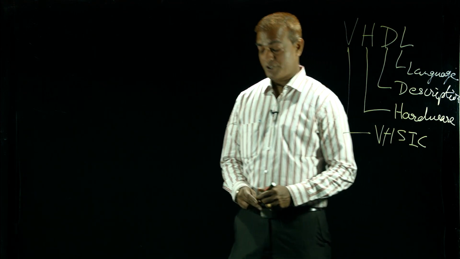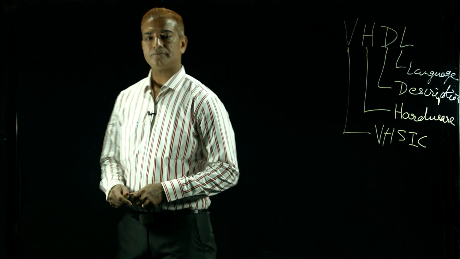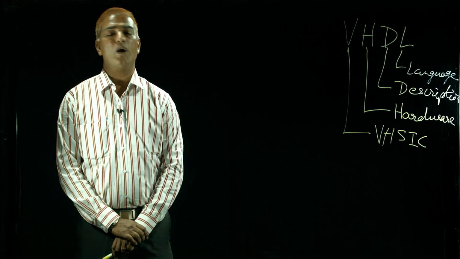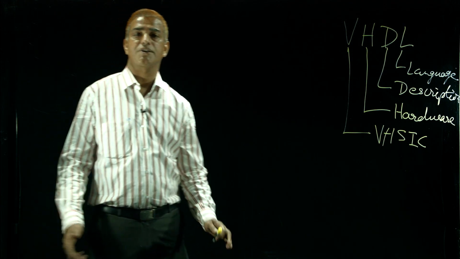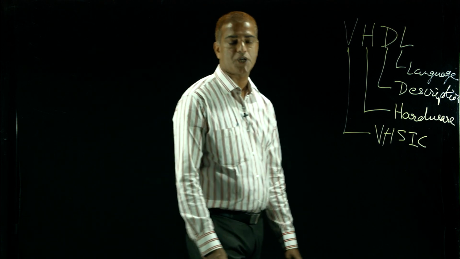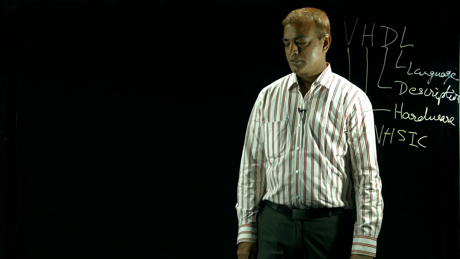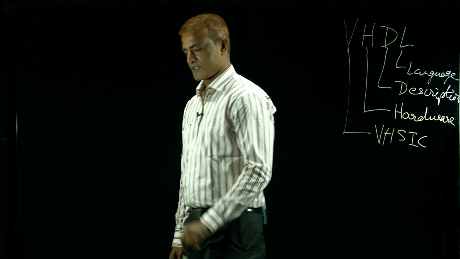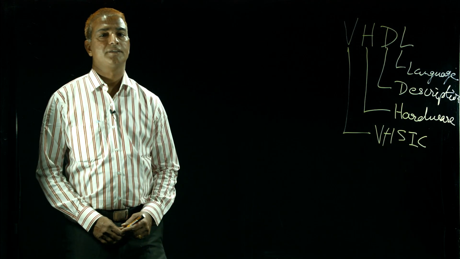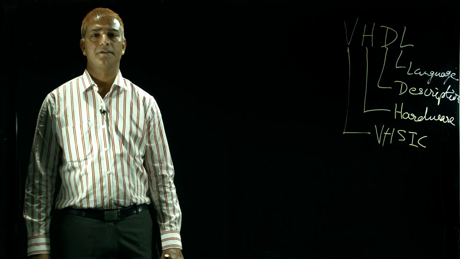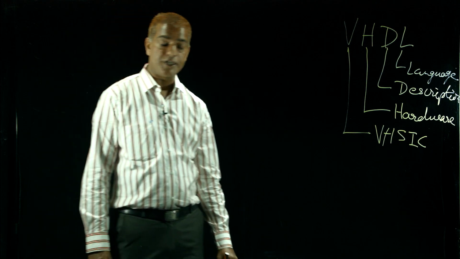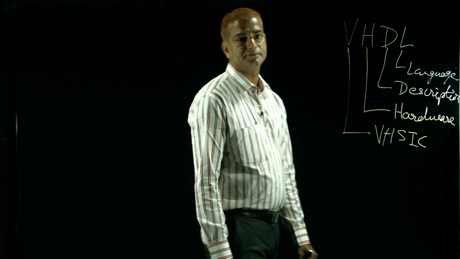Now, what is this VHDL? Why VHDL? Why not other conventional languages like C, C++, Java? There is a specialty in this language. As you are well aware, in a hardware circuit many of the operations need to run in parallel.